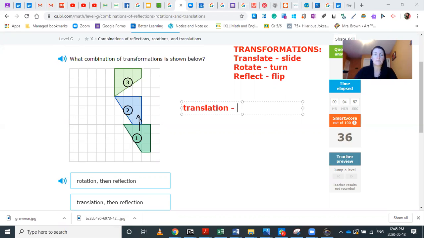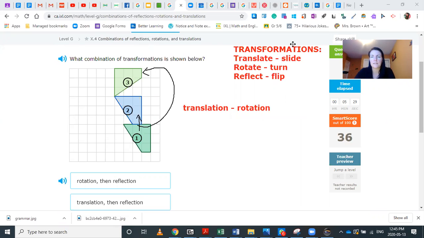And then from number 2 to number 3, I can now see that the short side has gone from the bottom around to the right-hand side. Whenever that changes its direction, then you know that there's been a rotation involved. So translation was the first one, and then we rotated: rotation.